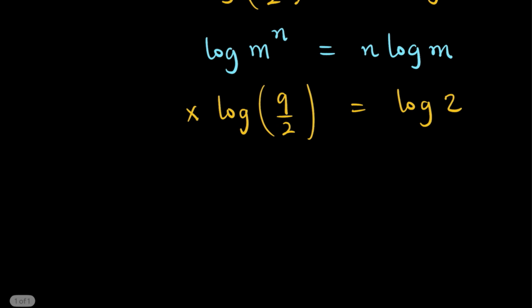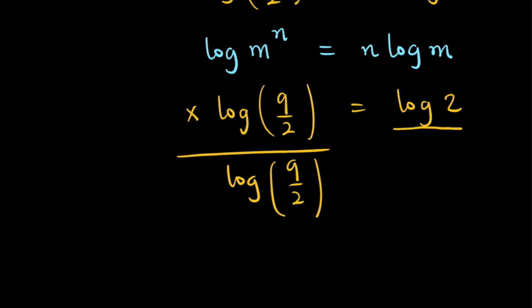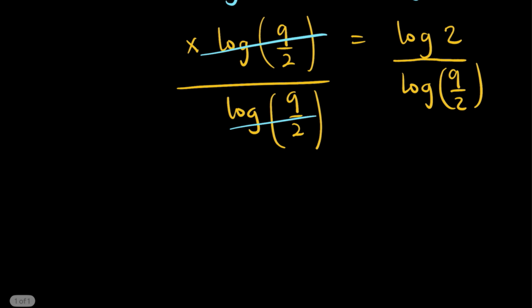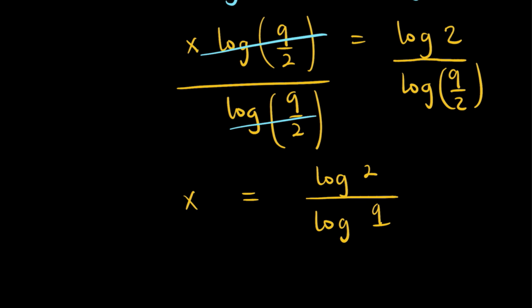And then we can divide both sides by log 9 over 2, so that this here takes care of this, leaving us with x is equal to log 2 divided by log 9 over 2.